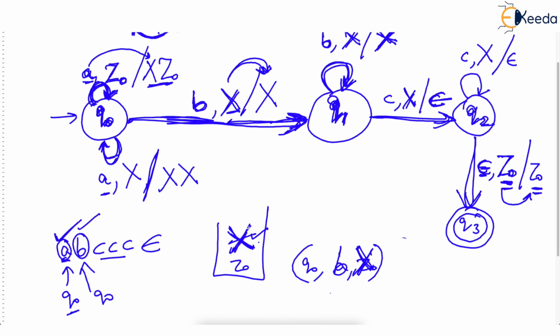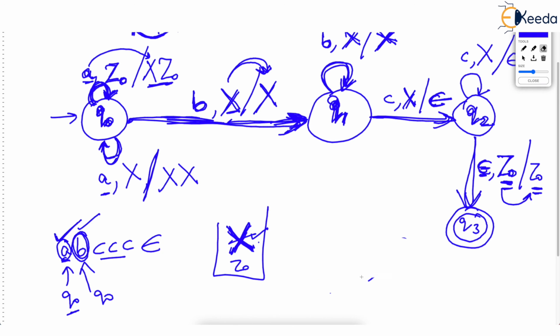We will not do any change. X will be kept as X, as we want to match number of A with C, but we want to take no action for B, but we have moved to Q1. So now machine is in Q1 state. No change has been done, but machine is in Q1 state. This X remains as it is.